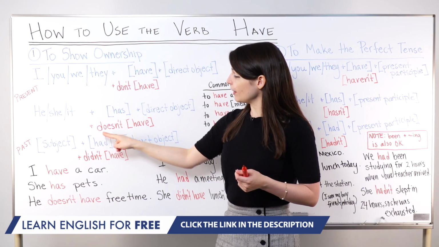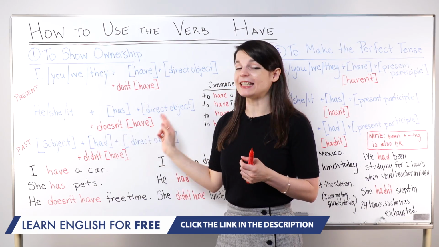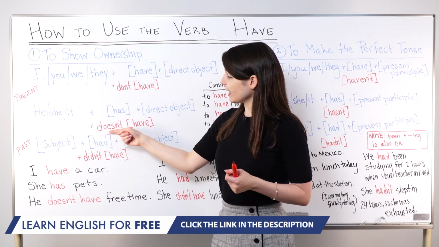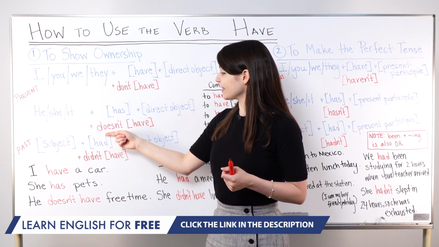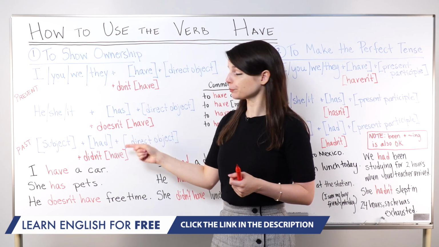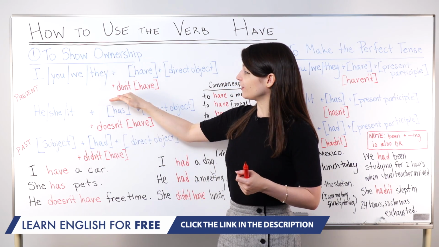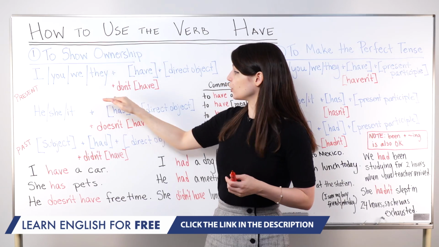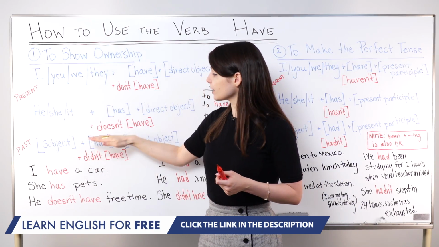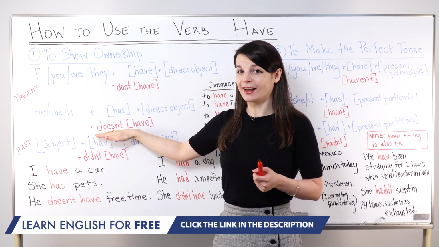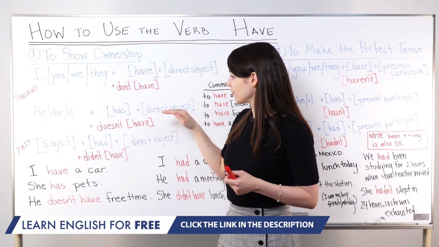Again, we need to make a change when we make a negative statement. In this case, with he, she, or it subjects, we use doesn't before have. So please note, in the negative here, with these subjects, we use doesn't or does not have before our direct object.